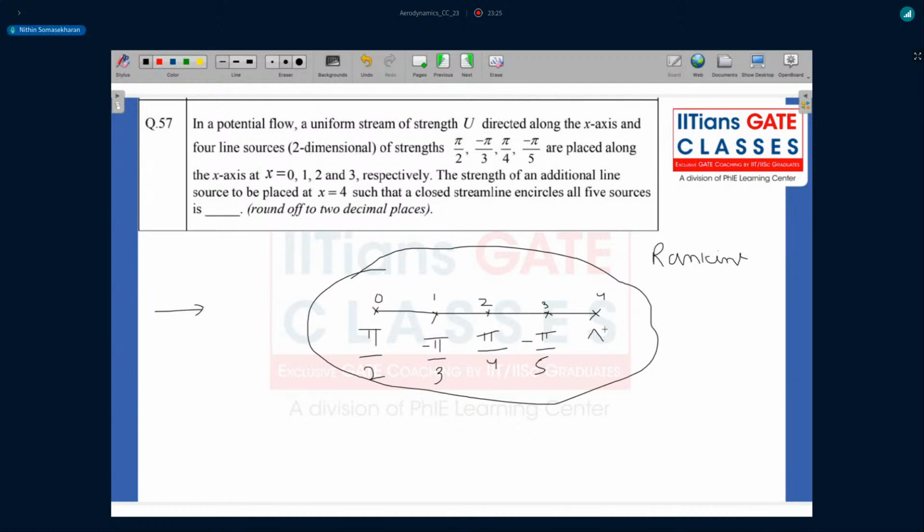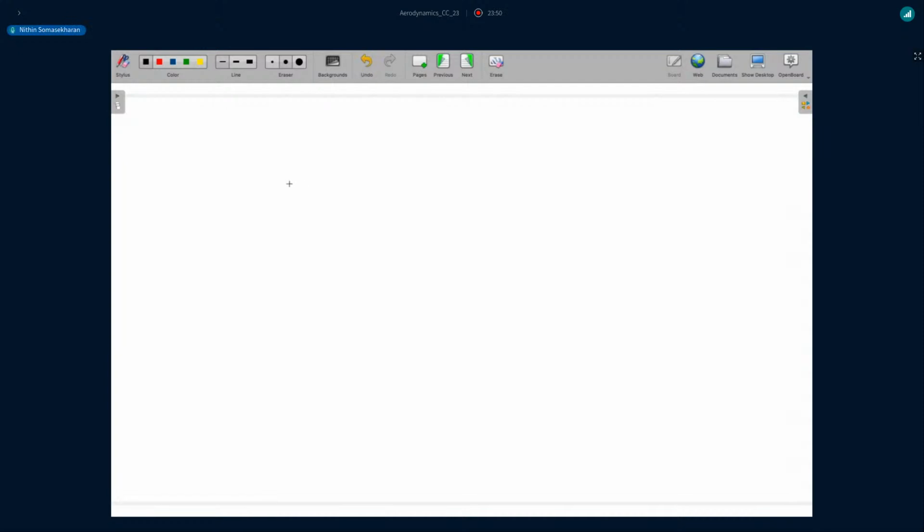So here, it might look very complicated, but the trick to this question is that you need to get a link between this question and the Rankine full body kind of question. So let me just redraw this on a new page and explain how we do this.